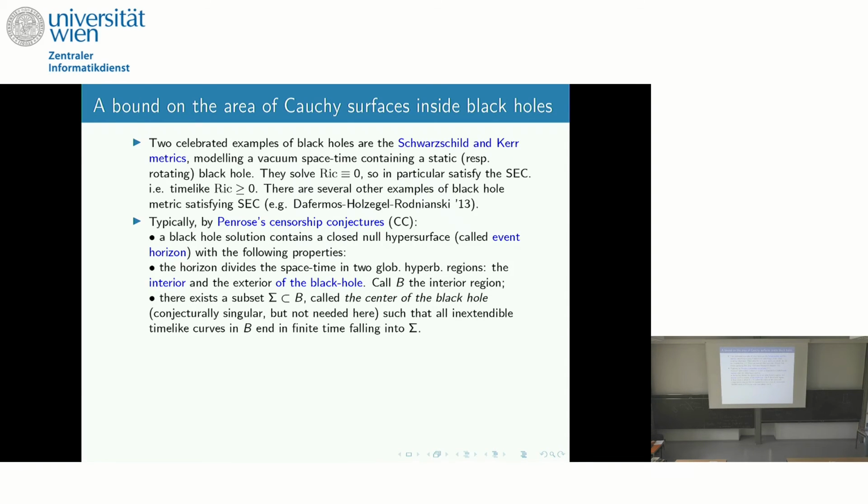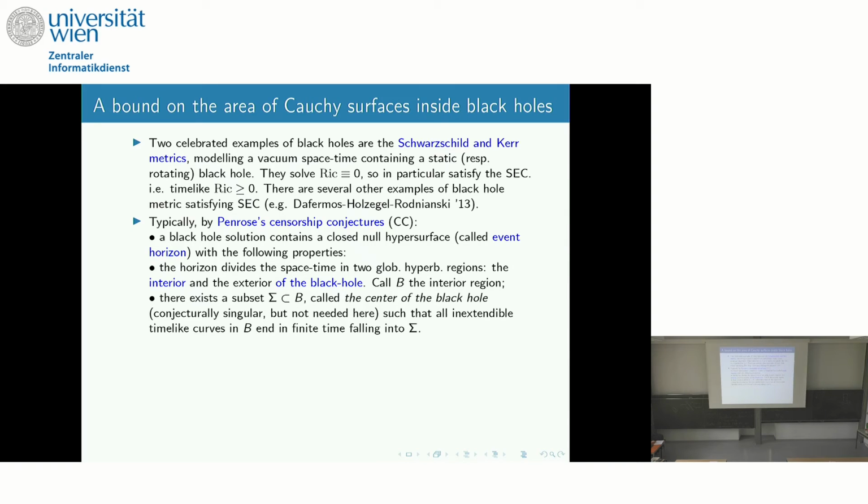And typically, by the Penrose censorship conjectures, a black hole has some properties, which are the following. So one usually has that a black hole solution contains a closed null hypersurface called the event horizon, which has the following two properties. The horizon divides the spacetime into two globally hyperbolic regions, the interior and exterior of the black hole.